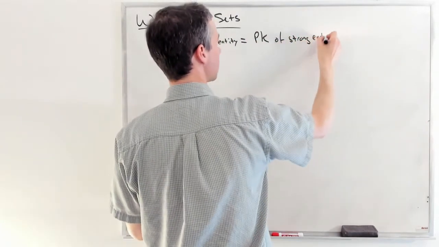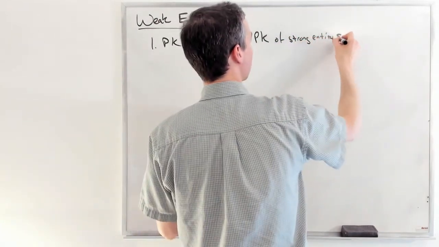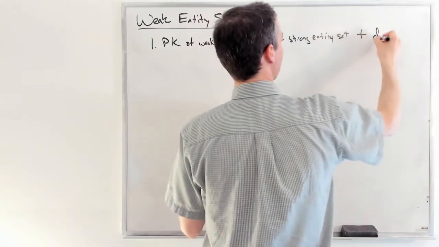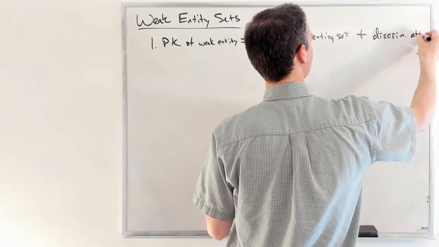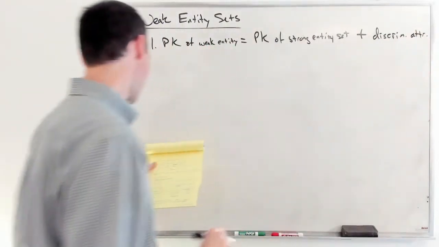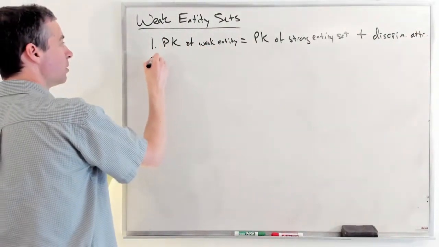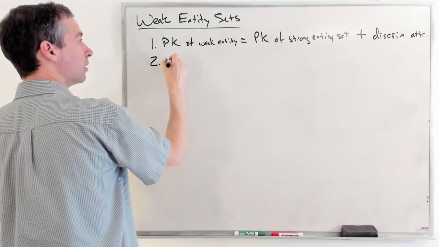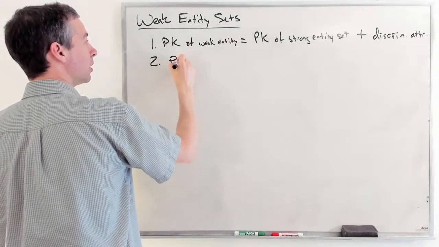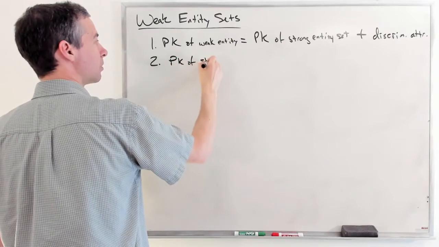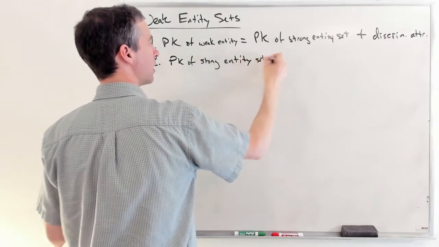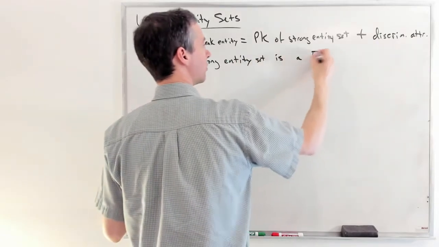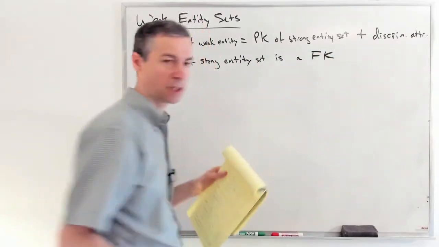We already said this, but just to be really clear, it's the strong entity set's primary key plus whatever the discriminating attributes are of the weak entity set. And then note that the primary key of the strong entity set is a FK, a foreign key.